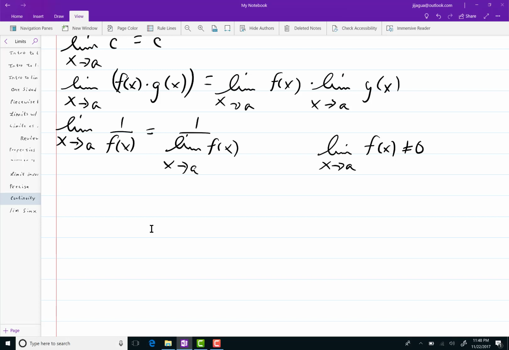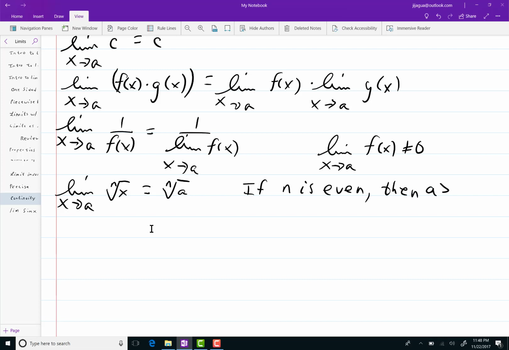The limit as x goes to a of the nth root of x equals the nth root of a. Of course, this is subject to a bunch of domain rules, like if n is even, then a is greater than 0. If n is odd, a can be any number.